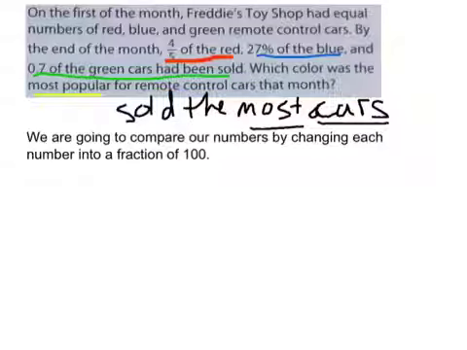We're going to compare our numbers by changing each number into a fraction of 100. The reason why we use a fraction of 100 is because it's easy. Almost everything can be changed into a fraction of 100, whether it's a decimal, it's already a fraction, or it's a percent. So it's an easy way to change each number.